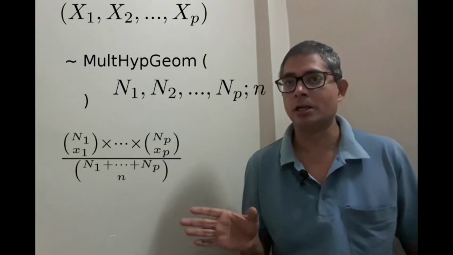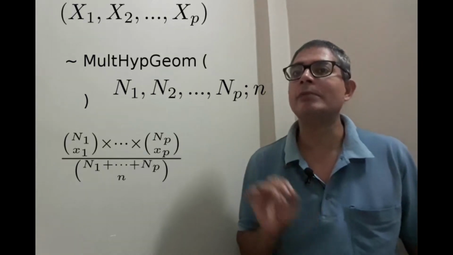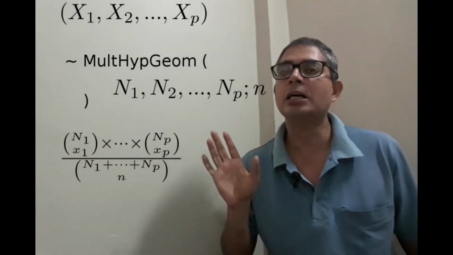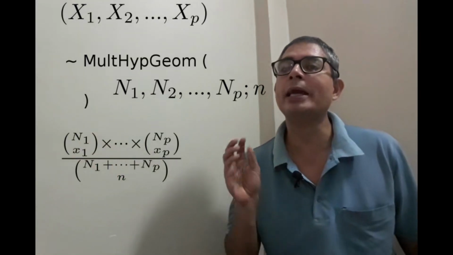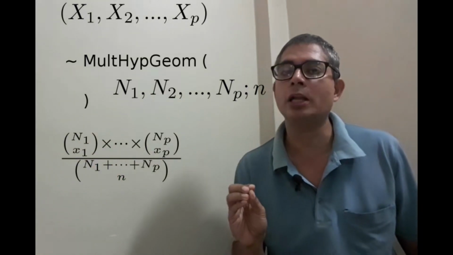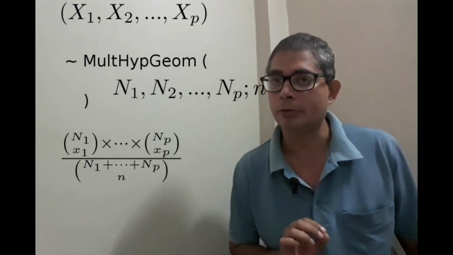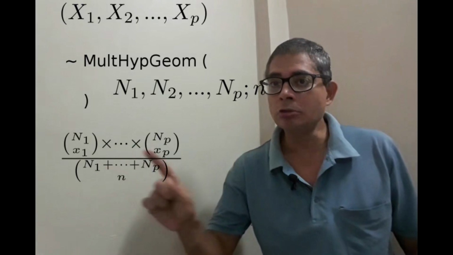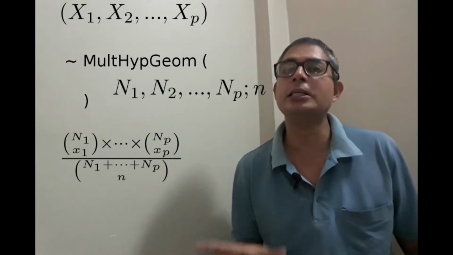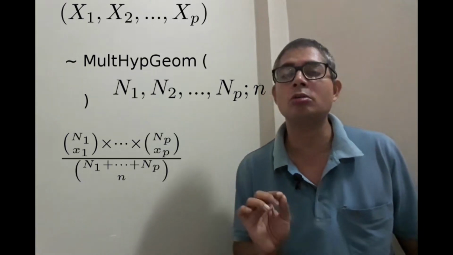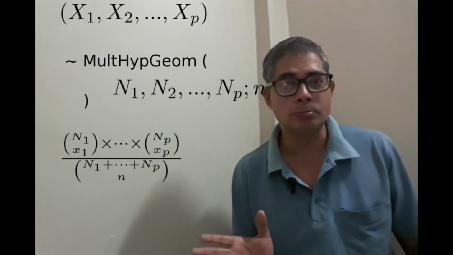Looks pretty complicated, huh? Let's digest this PMF slowly. This term is the number of ways to pick x_1 individuals from the N_1 individuals belonging to category 1. The term downstairs is similarly the total number of possible samples of size n drawn without replacement from the population.